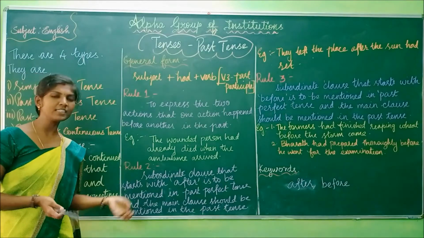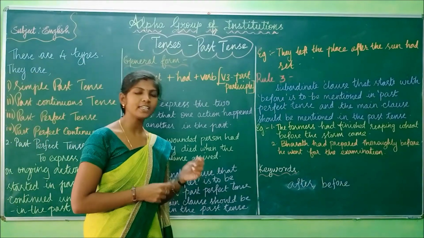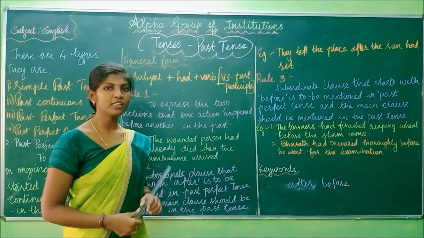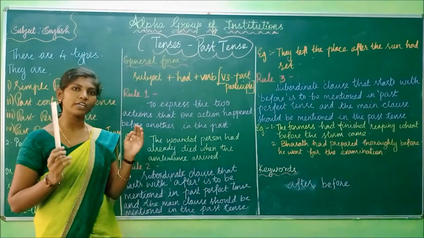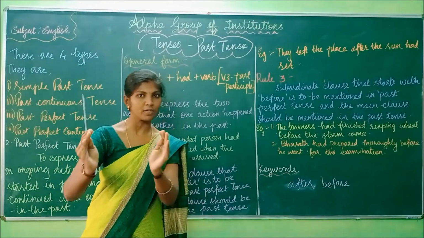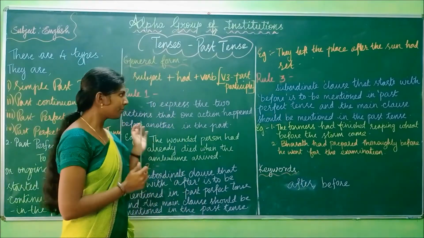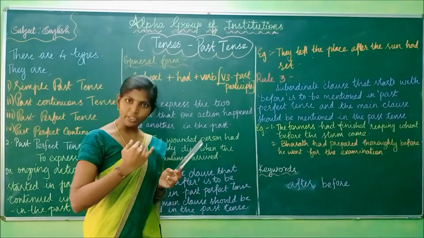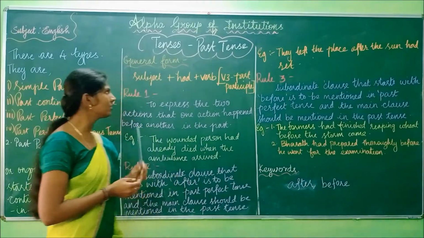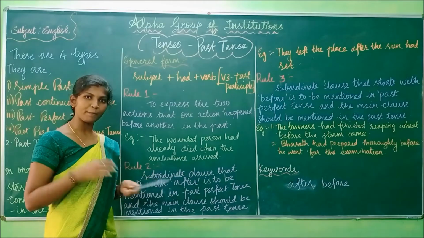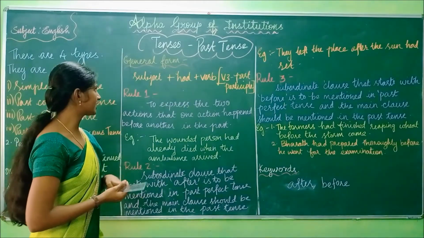So in the past something had started and it was continuing for some time. As we saw in the past continuous tense, an action was going on for some time and it ended, right? But here it will be continuing till another action starts. That is the difference here. When we see the rules and examples, we will have a better understanding.